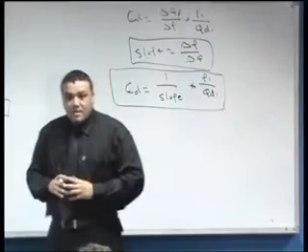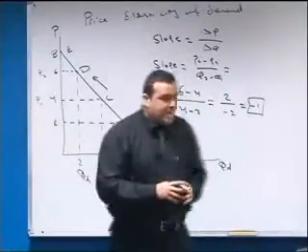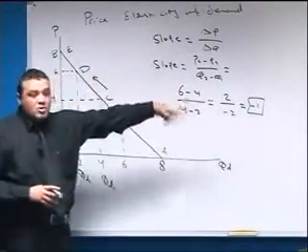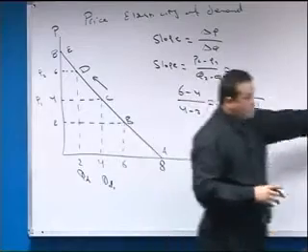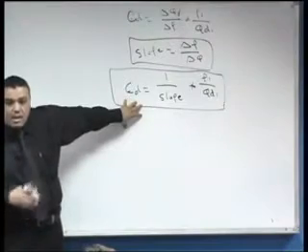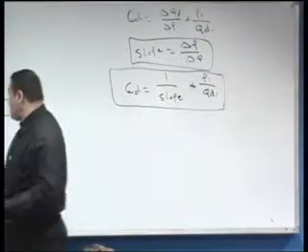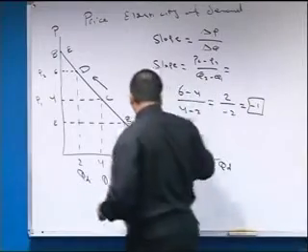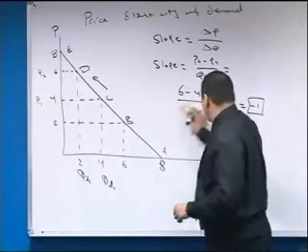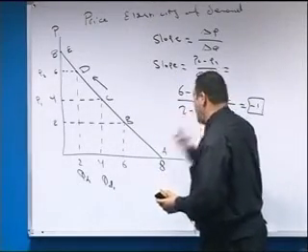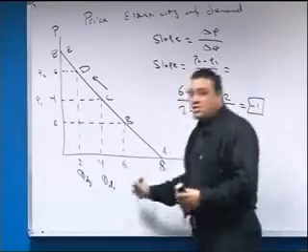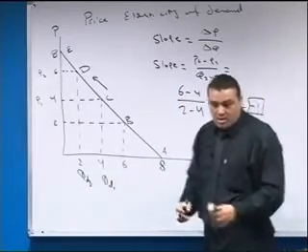So let's calculate the price elasticity of demand using this formula. Sorry? 2 minus 4. Yes, 2 minus 4, thank you. QD2 minus QD1. Right? Okay.